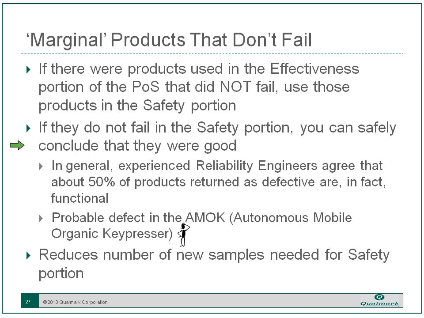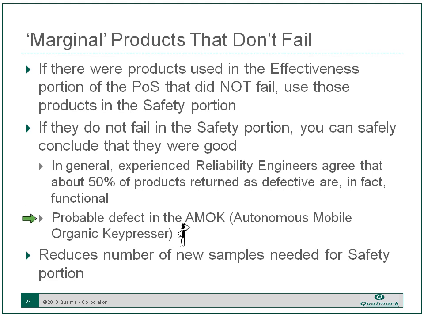You run those through, and if they don't fail at all in the safety portion, now you can say, oh good, those were indeed good products, they shouldn't have failed, and I have some confidence in that. If they fail at pass 13, then you've got something to worry about. Because if you're using NDFs that have come back from field use, I've heard most reliability engineers saying that about 50% of returned products really are functional. They're fine.